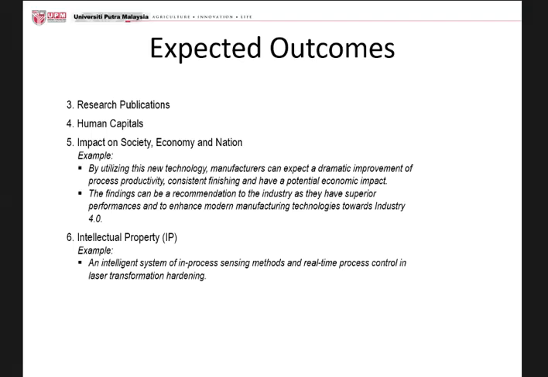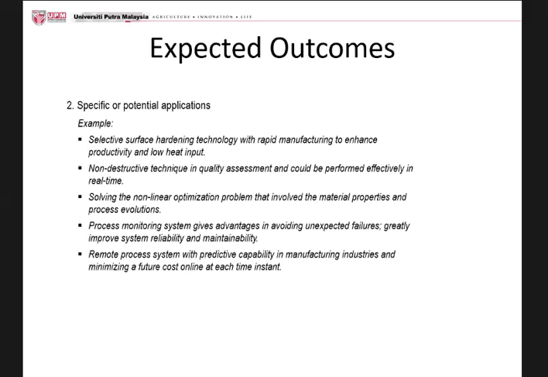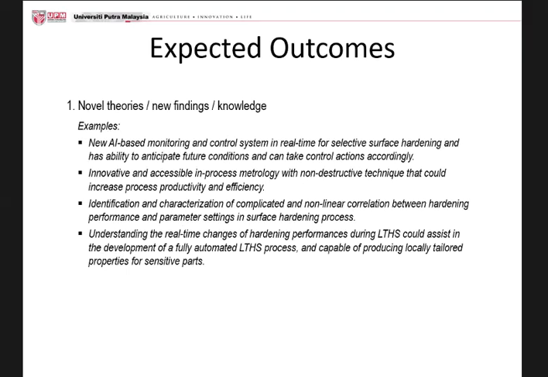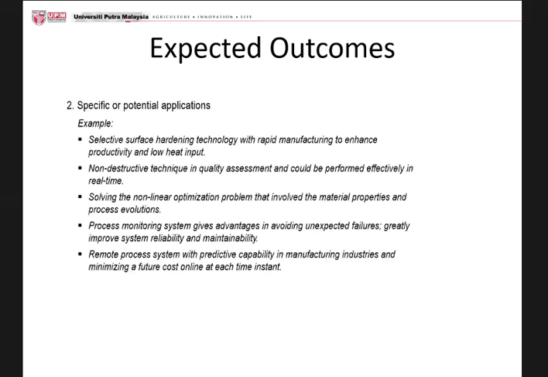When you create your proposal, one part is that you have to put expected outcomes. You can use, for example, IP, impact on society, human capital, research publication, specific or potential application, or novel theory. There are lots of examples you can find, but this is an idea.